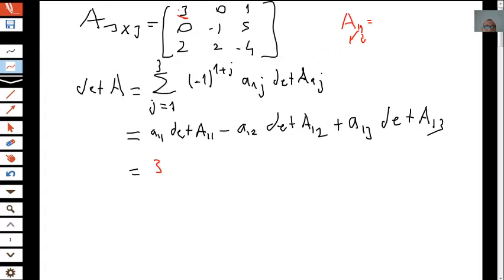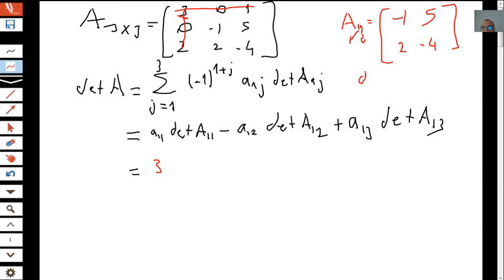The remaining numbers will form a 2 by 2 matrix. So we write minus 1, 5, 2, minus 4. And we know how we can find the determinant of 2 by 2 matrices.